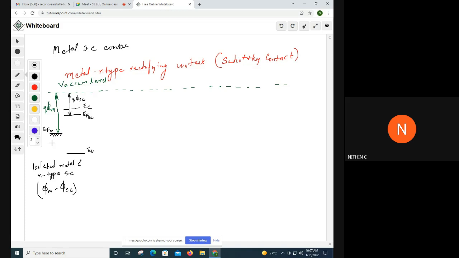What is the condition? We can analyze the p-n junction energy band diagram. p-n junction diode ന്റെ കേസിൽ, when we mentioned the equilibrium energy band diagram, what was the condition?